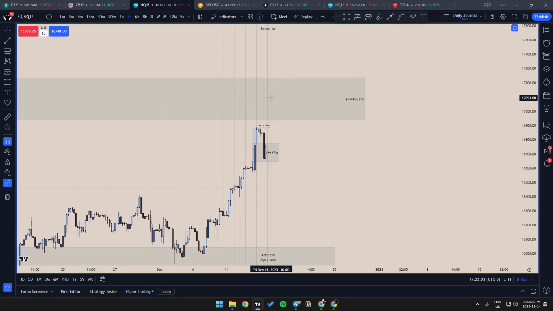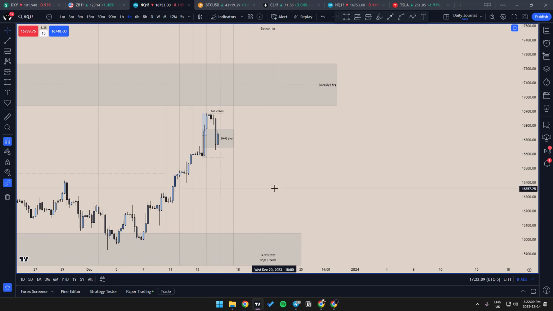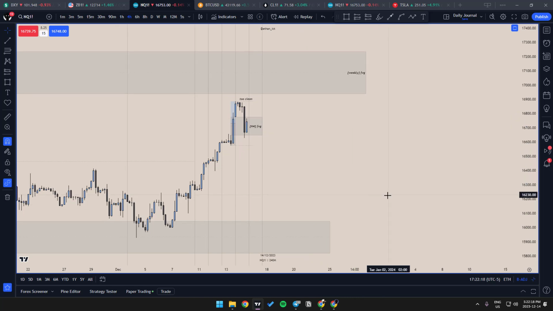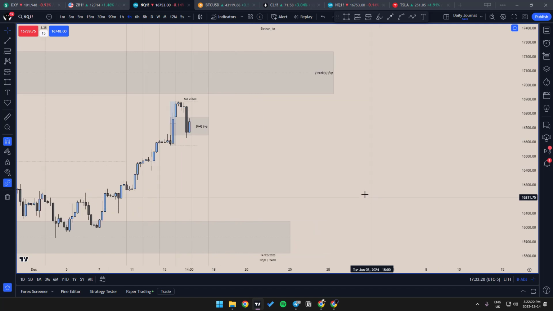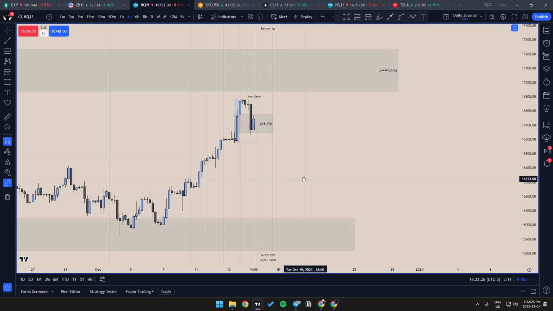Once we tap into this weekly fair value gap, I would like to see possibly a distribution lower, for a run higher afterwards, if that makes sense, for the rest of this month. So it's like on Q4 we could see a reversal, if that makes sense. And that's what I have in mind right now. But remember that quarterly theory is not set in stone. It's just a framework that you use, right?